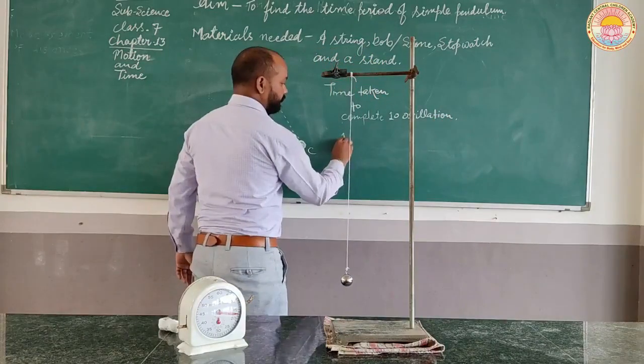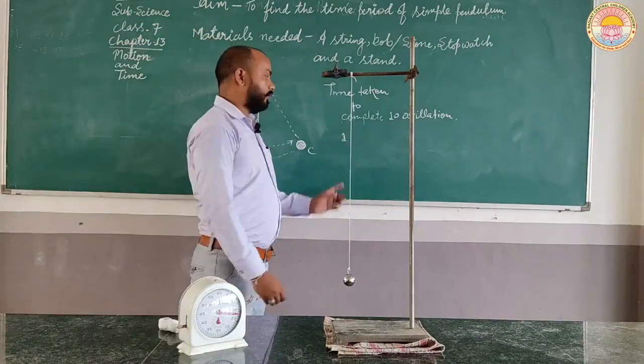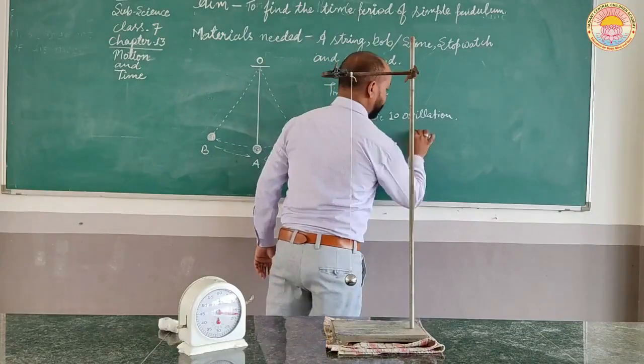During the first attempt, the time taken by the pendulum to complete 10 oscillations is 17 seconds.